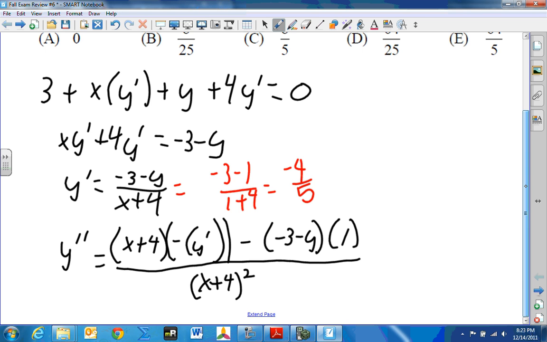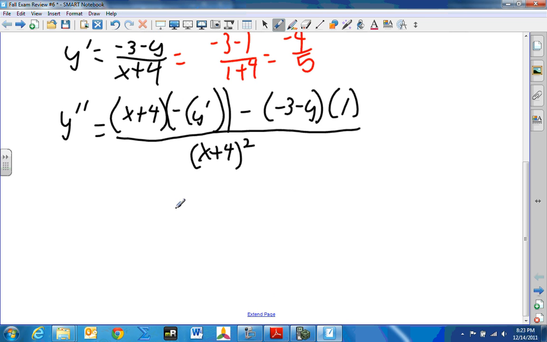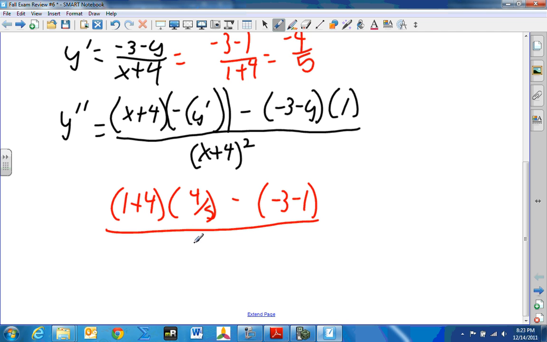And now we're going to go down here and simply plug in what we know. We know that's 1 plus 4 times 4/5, because we've got a negative there and a negative there, minus, parentheses, negative 3 minus 1, all over 1 plus 4 squared.